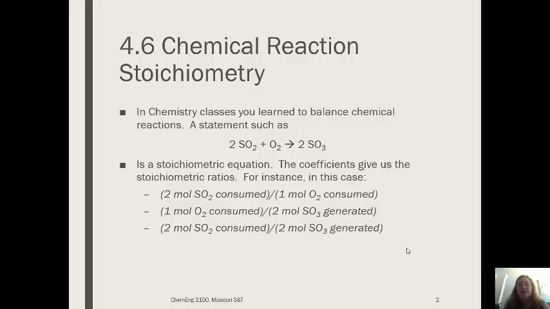So here we have a chemical reaction, SO2 and oxygen producing SO3. In order for this to be a balanced equation, it requires two SO2 molecules plus an O2 to make two SO3 molecules. Now we typically, in a chemistry class in particular, make sure that these are always whole numbers.